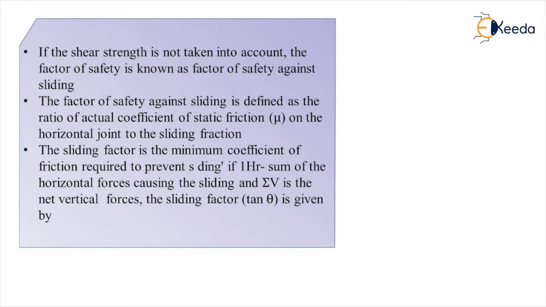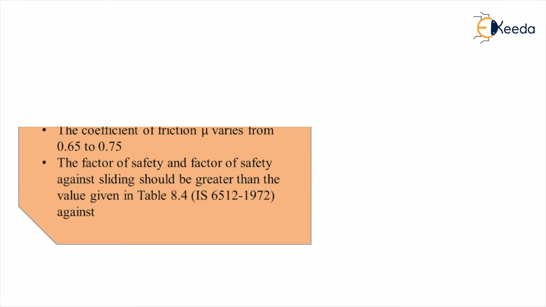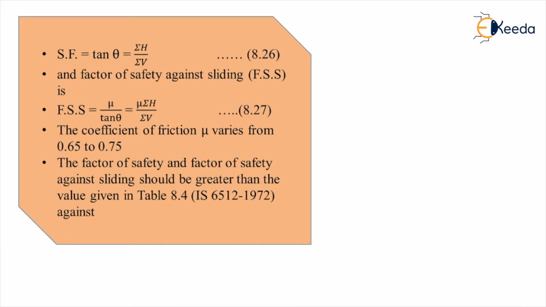If the summation of H is the horizontal forces causing sliding, and the summation of V is the net vertical forces, then the sliding factor, with respect to theta, is equal to tan theta, which equals the summation of horizontal force divided by the summation of vertical force.